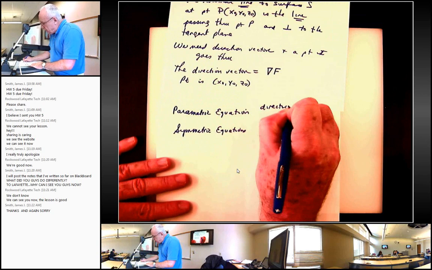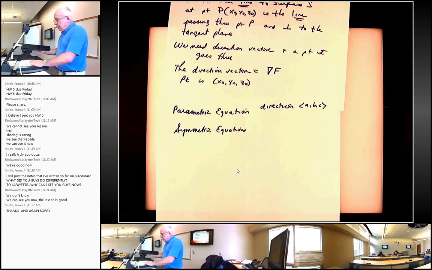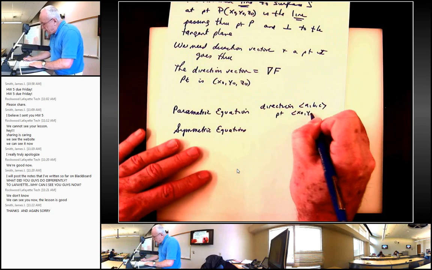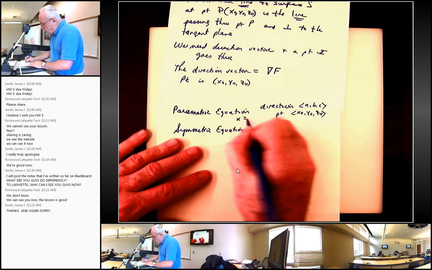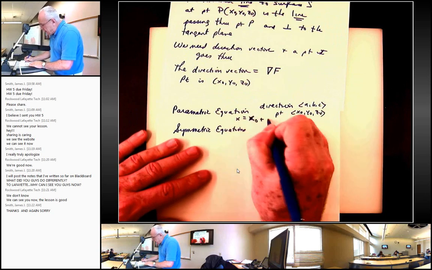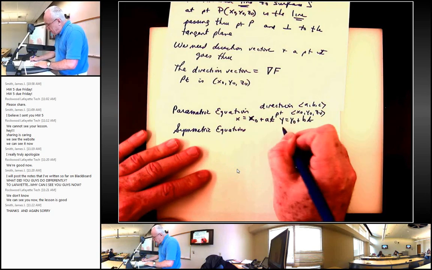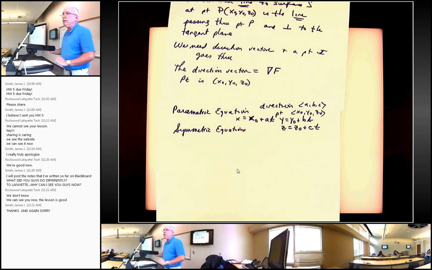Now, in the parametric equation, say we're going in the direction a, b, and c, and it's through the point x naught, y naught, and z naught, then it's x equals x naught plus a times t, y equals y naught plus b times t, z equals z naught plus c times t.